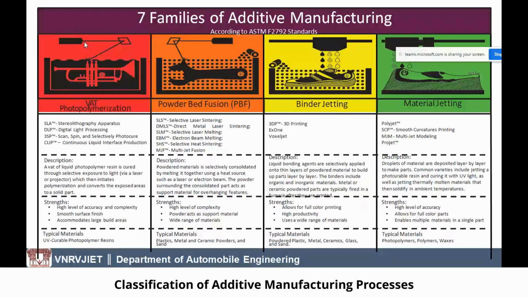The other names for this VAT photopolymerization, with small modifications in the process, are stereolithography apparatus, digital light processing, 3SP: scan, spin, selectively photocure, and CLIP, that is continuous liquid interface production.